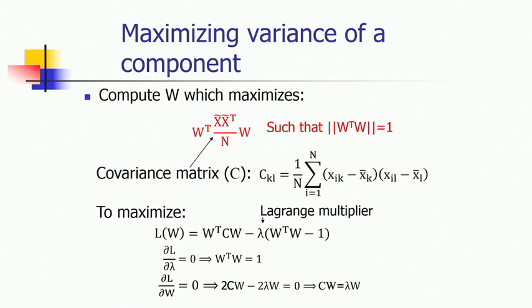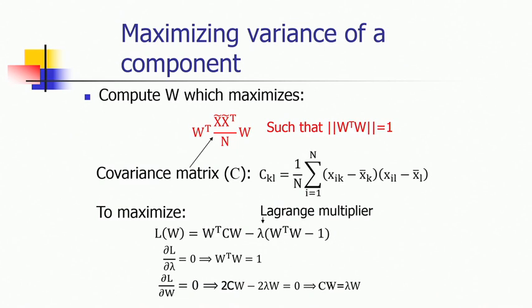So, you can consider W transpose C W, which is a quadratic product. So, you get 2 C W, and from the constraint term you get 2 lambda times W transpose W minus 1. So, this will be 2 C W minus 2 lambda W, that should be equal to 0.